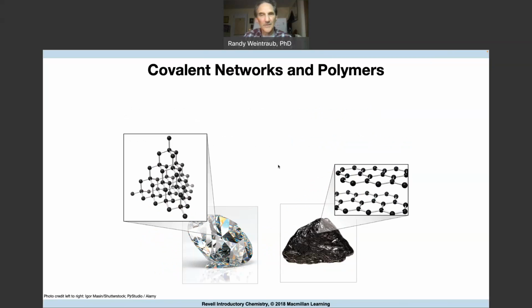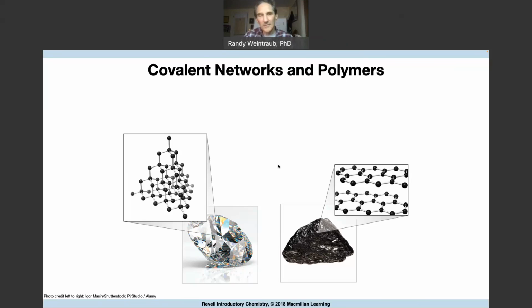Some compounds contain covalent bonds but can differ significantly from the molecular solids described previously. For example, elemental carbon exists in two primary forms, very different from one another: diamond and graphite.